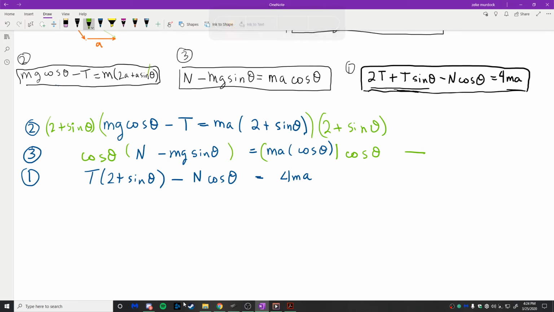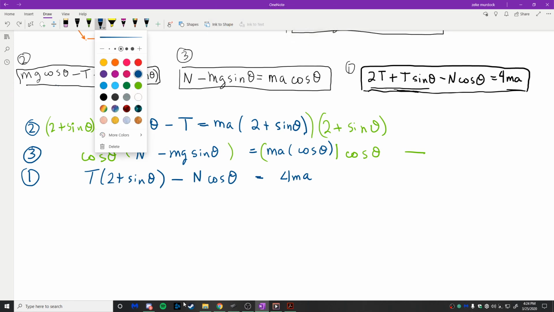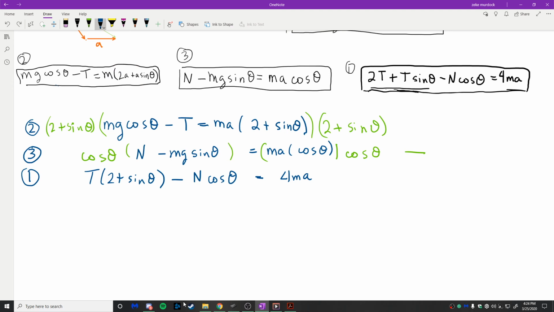So now what we get when we do this is, let's go back to this blue pen. Equation 2 is now going to become 2 plus sine theta times this.